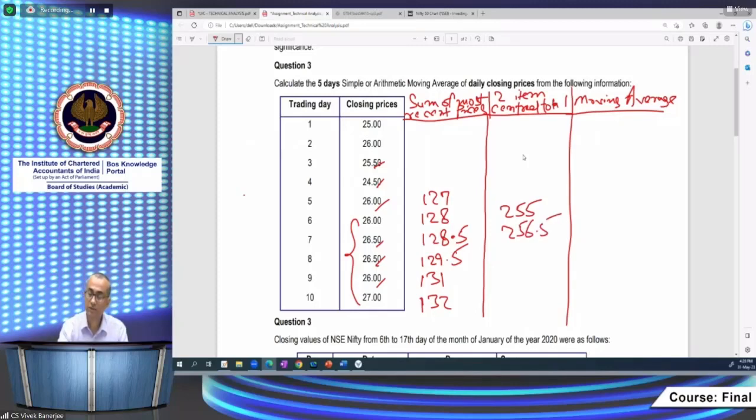Again 128.5 plus 129.5, that is 258. Again 129.5 plus 131, that is 260.5. Then 131 plus 132 is 263.